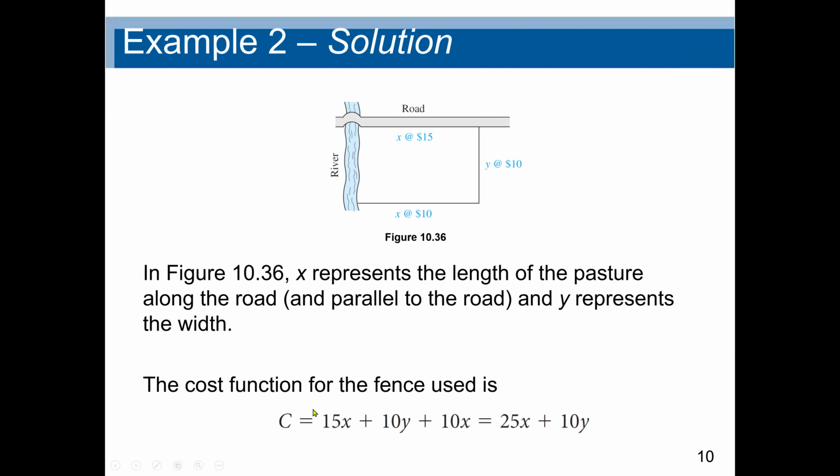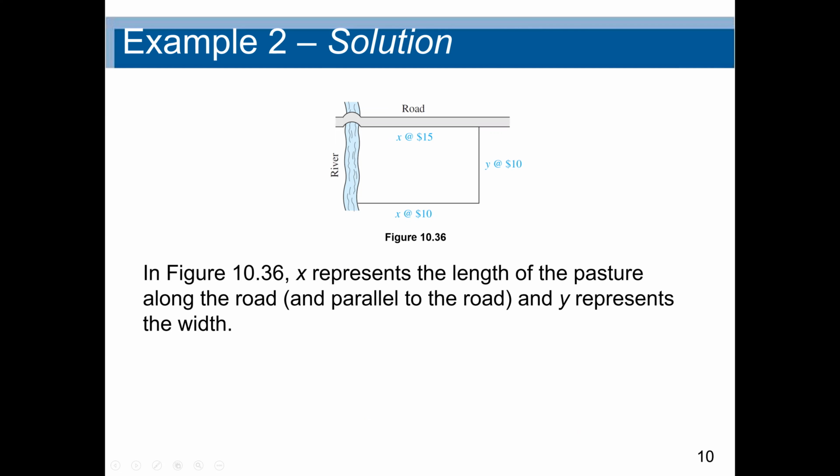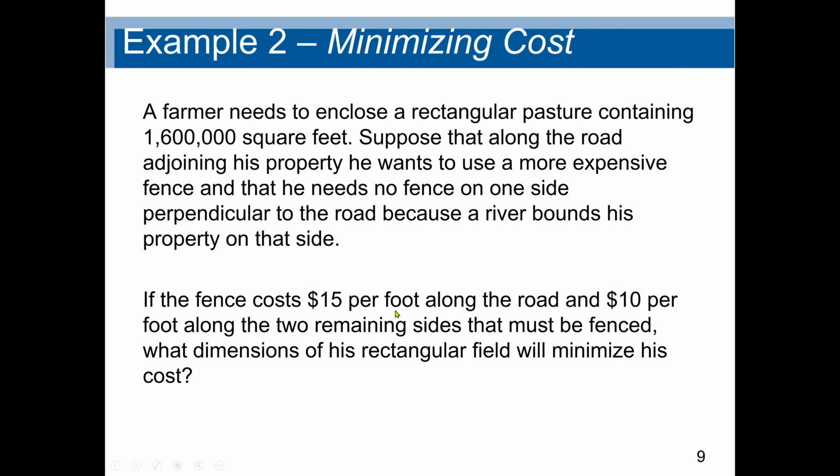So here the cost for the fence will be, let's go back 1 second. First, I want us to see that the cost for the fence along the road is 15, and the other 2 sides are 10 and 10.